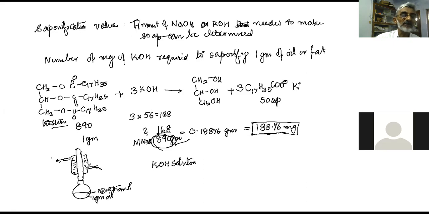The outer tube will be circulating water so that the inner tube will be condensing the liquid which is boiled, and it will fall back. This process is known as reflux. Boiling up, condensing down. Now you reflux it for about 1 hour.